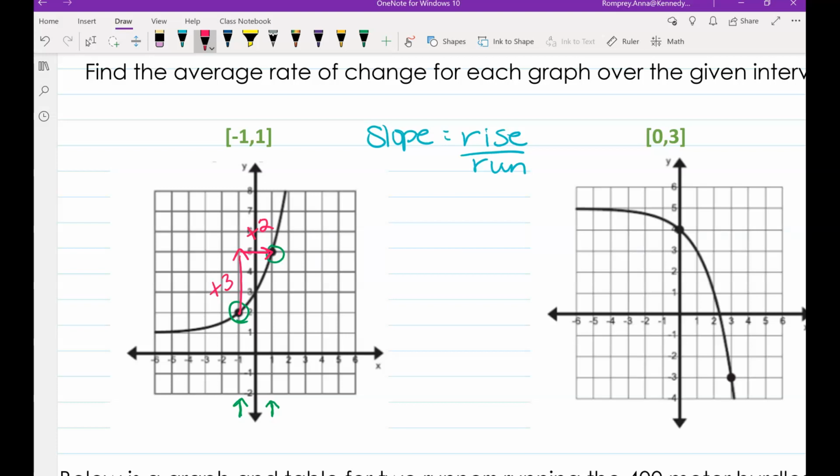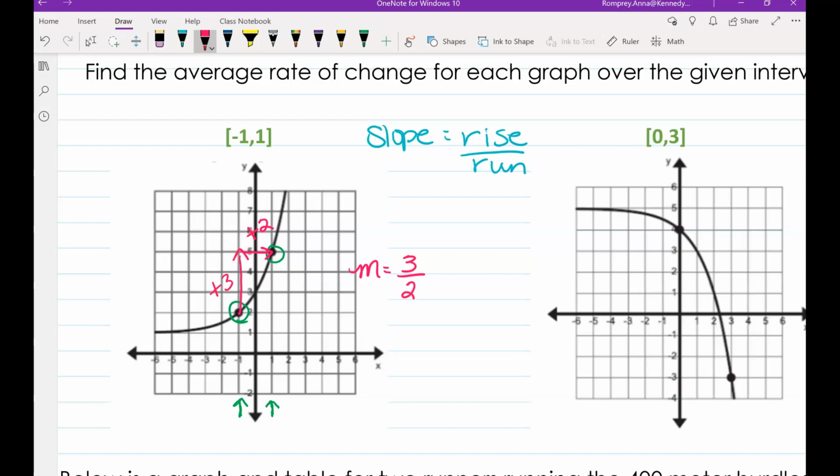Our slope is identified by the letter m. Rise over run: we rise 3 units and ran 2. So our slope, or average rate of change, for this specific section of our graph is 3/2.